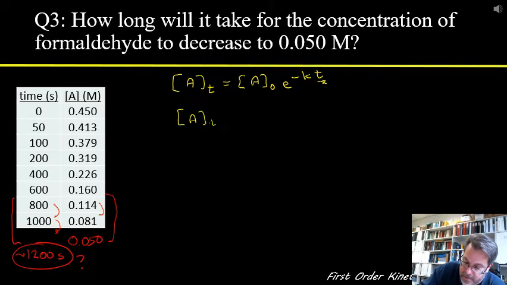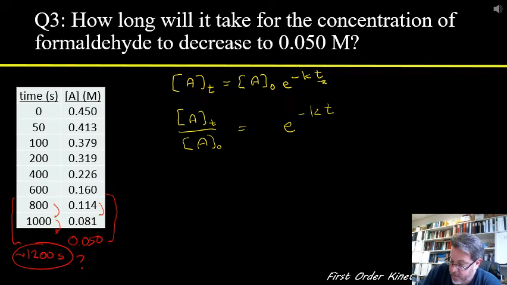The concentration of A at time T divided by the concentration of A0 equals e to the minus kt. Let me move that over a little bit. I'll show you why in a minute.